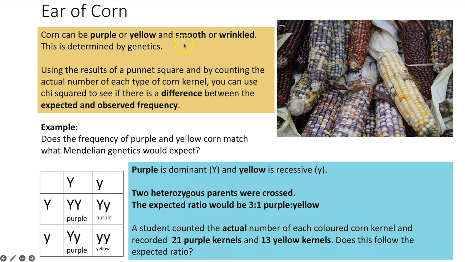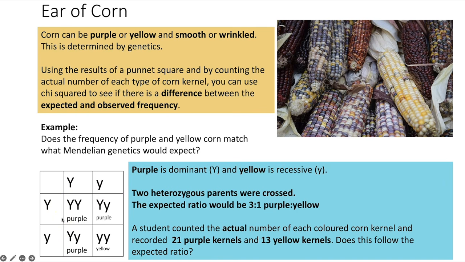Corn can be purple or yellow, or smooth and wrinkled, in terms of colour and texture. Using the results of the Punnett square and then counting the number of actual corn kernels of particular colours and textures, you can look at whether the frequency you expected is significantly different to the frequency you observed. So we're told here that purple is dominant, yellow is recessive, 2 heterozygous parents were crossed.